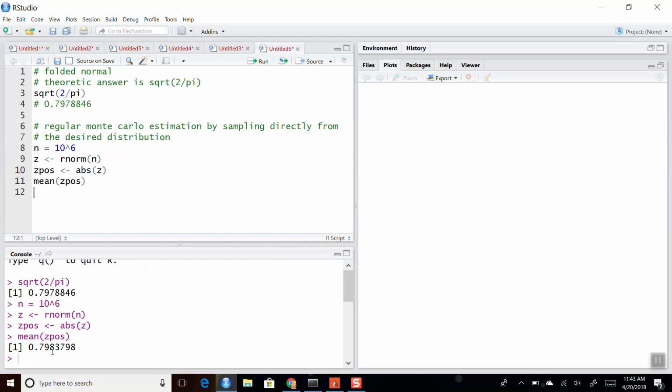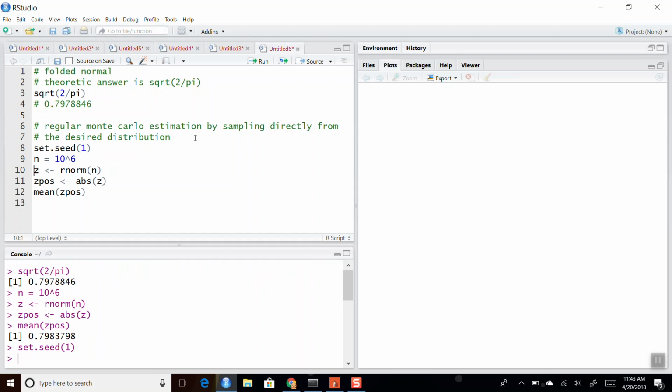I'll set a seed here. And that's pretty close to the theoretic value.